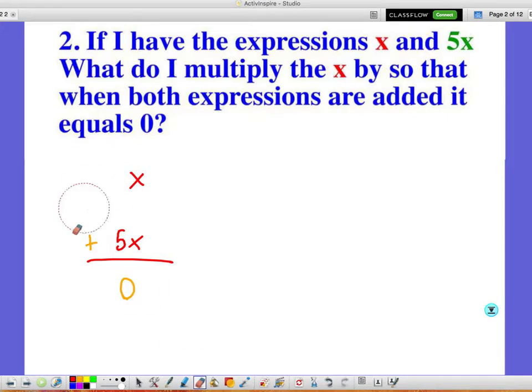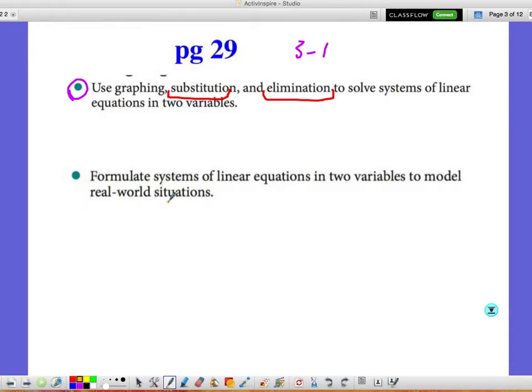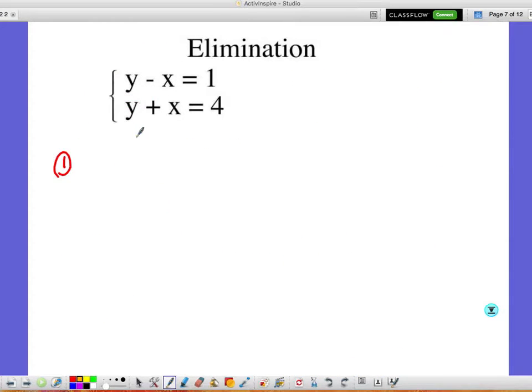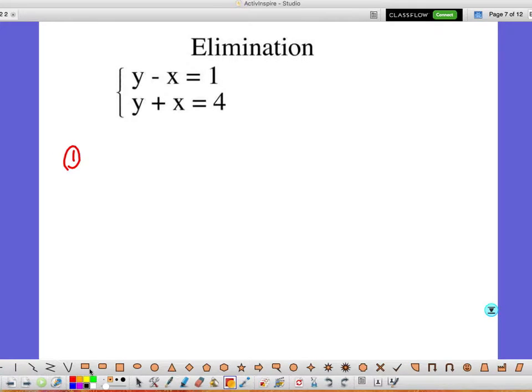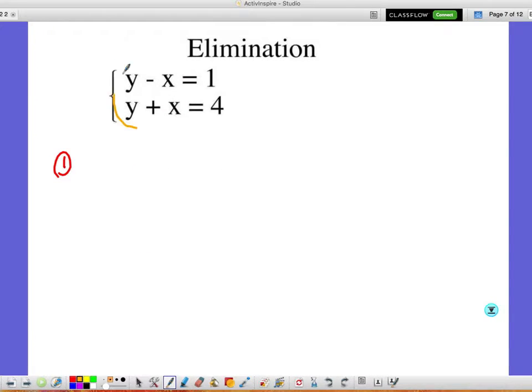Okay, so how is this idea going to help me with substitution? Alright, well, let's go back. So again, let's concentrate on these two expressions right here. Now, when I add these two expressions together, I'm going to get 2y. Okay, so I don't want to get 2y. I want to get 0. So my first step is, here's my first equation, here's my second.